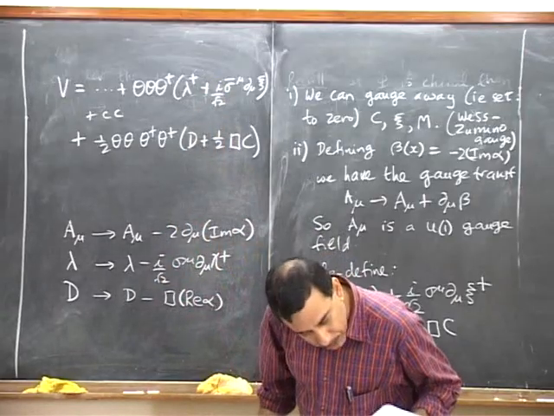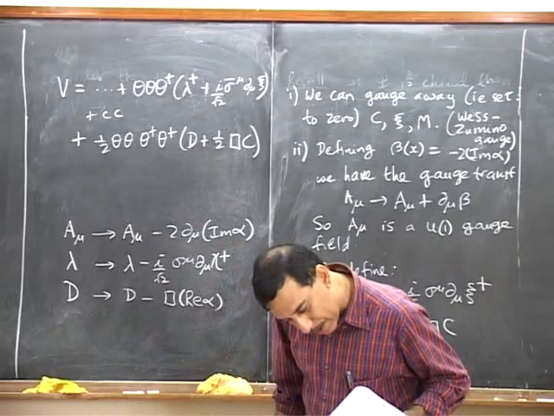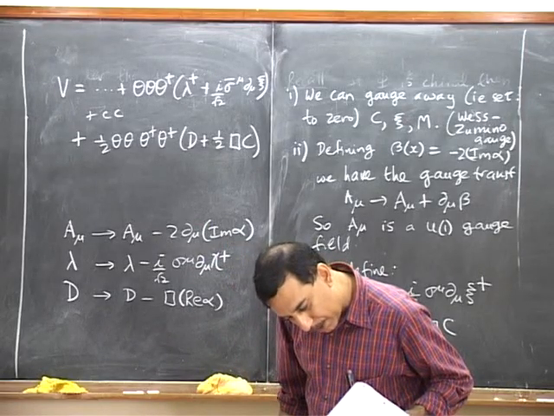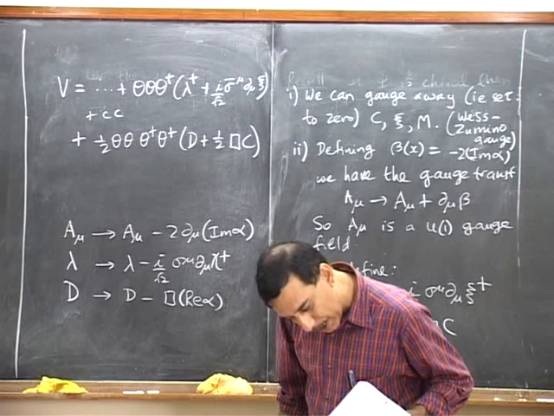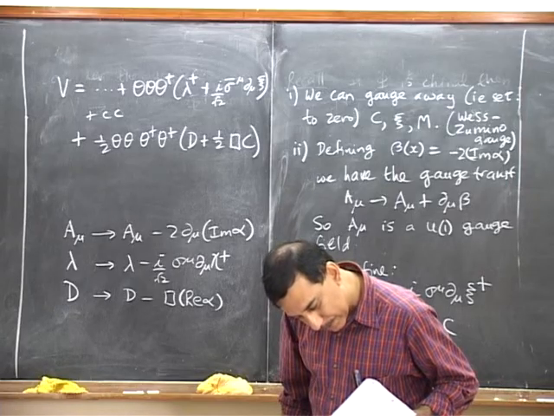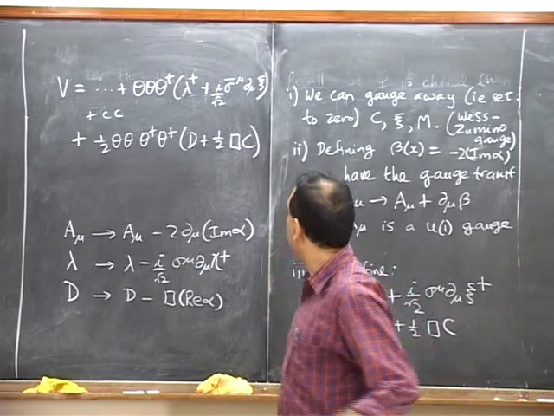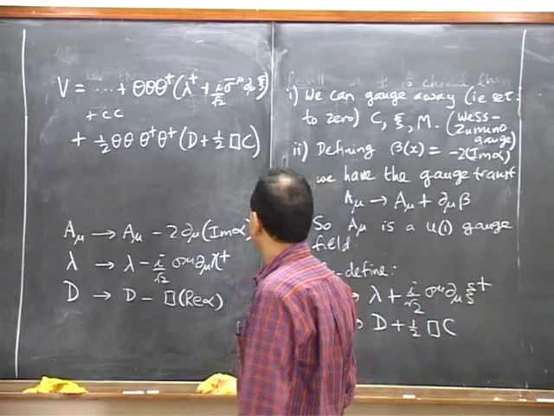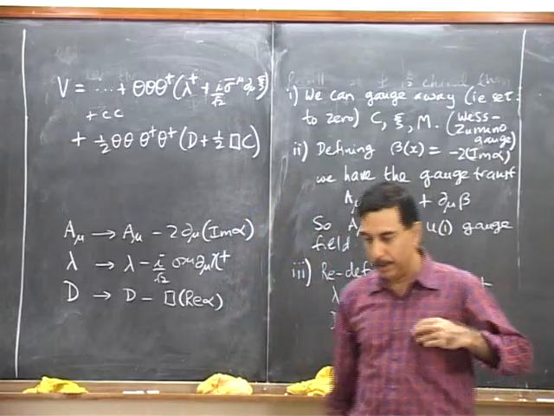Check, because lambda plus sigma mu del mu chi dagger, psi dagger, yeah, both are plus. So that's exactly what I mean by my redefinition.